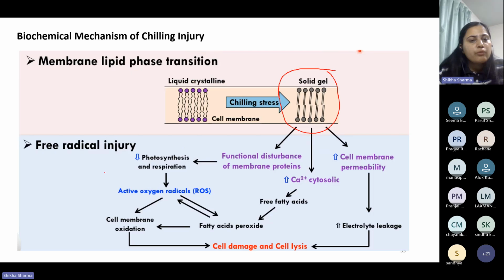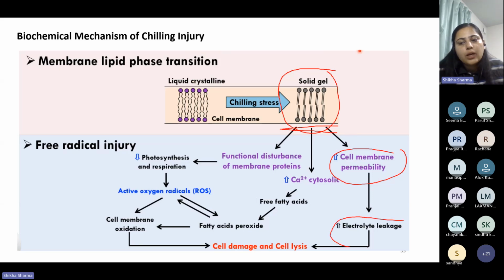Second is free radical injury. Since the cell membrane is converted into solid gel, there can be an increase in cell membrane permeability. Because the liquid crystals have converted into solid gels, there may be higher electrolyte leakage, and because of that the cell may be damaged or lysis of the cell can happen.